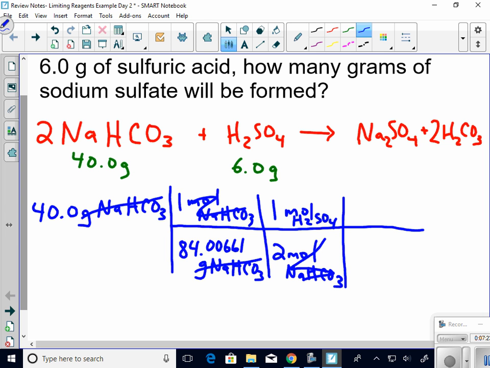Now I have to convert it back into mass. 98.078 grams of H2SO4.